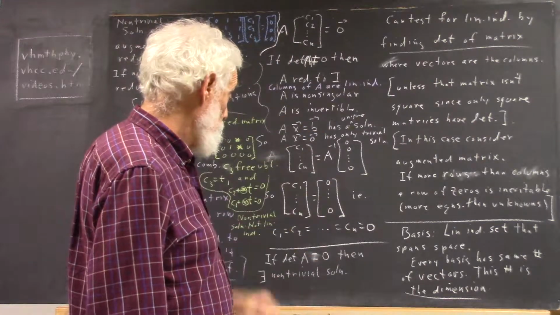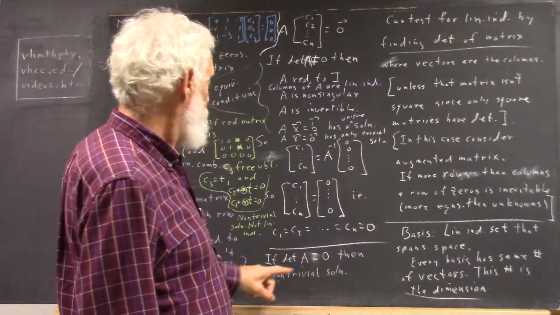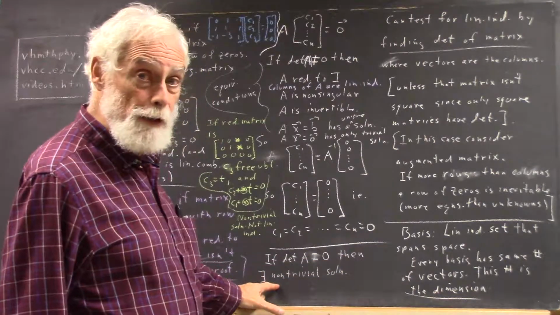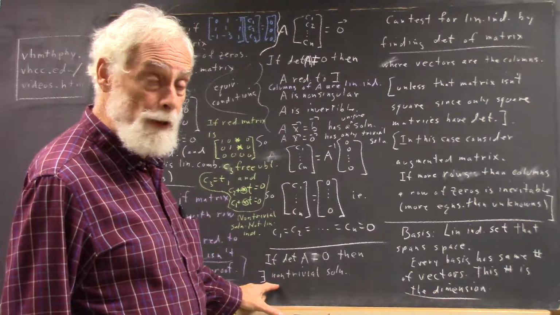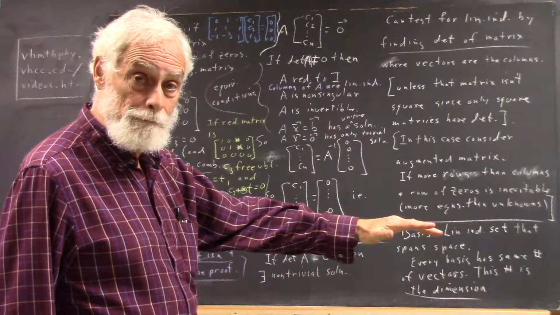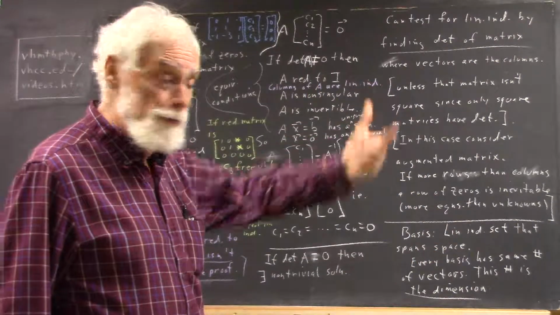That's where we've gone. If, on the other hand, determinant of A is 0, then there exists a non-trivial solution because the matrix is going to reduce to a row of zeros, giving you a free variable, giving you non-trivial solutions.